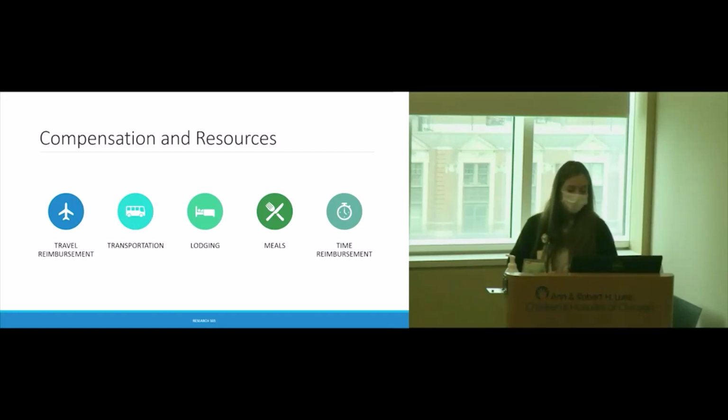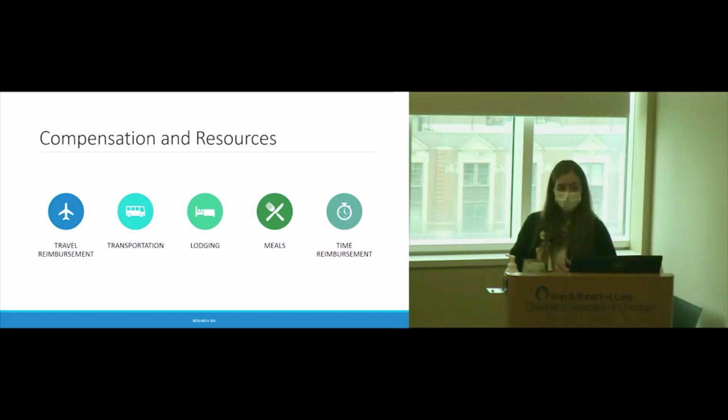And so some of the compensation and resources to think about and to ask about when you're talking about clinical trials is travel reimbursement, transportation costs, so whether it's paying for you to have your own transportation, which would be the reimbursement, or paying for transportation to take you to and from study visits.